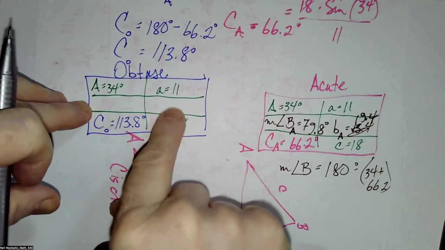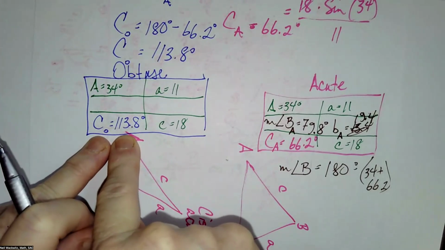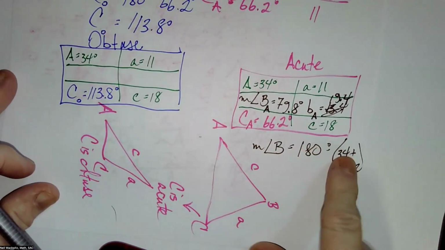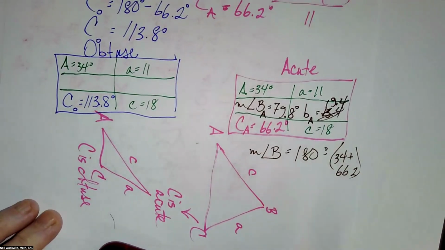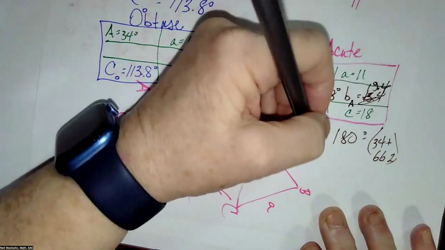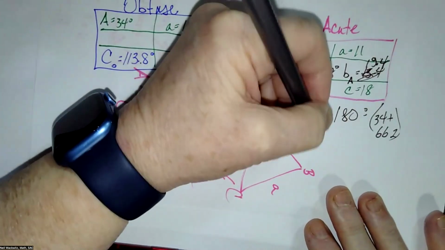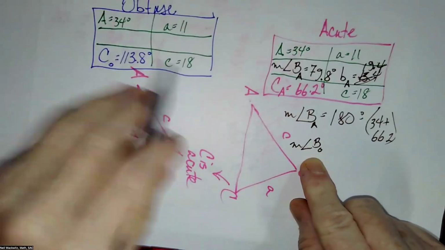So we're using angle A, little a, and little c. The obtuse value for C will change things because it's the measure of angle B. We subtracted A plus C from 180. We're going to find the measure of angle B, and we're just going to call it B obtuse so that we know where it belongs.